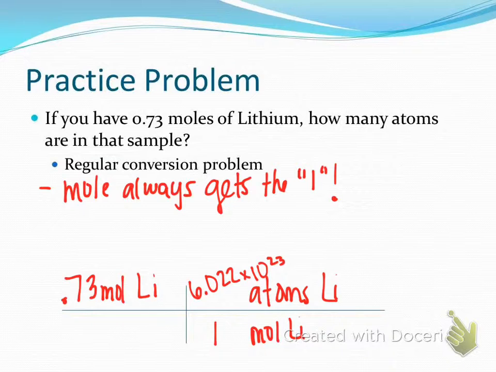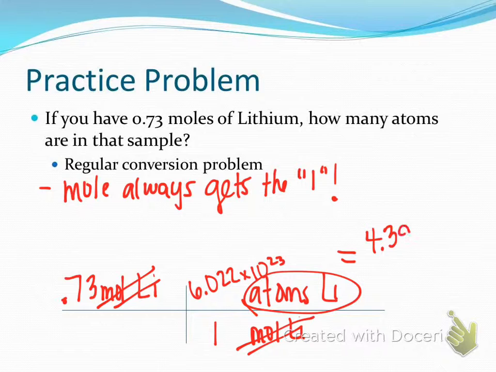Okay, so now we're going to do the math because we've crossed out moles. We're done with moles. We're left with atoms of lithium, which is what we want. We're going to solve the math here. How much do you want us to round it to?